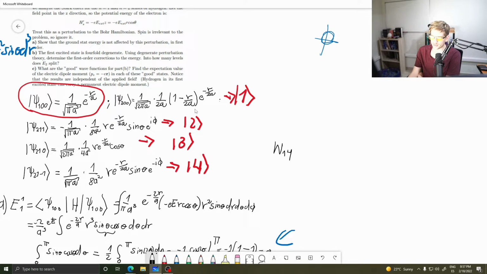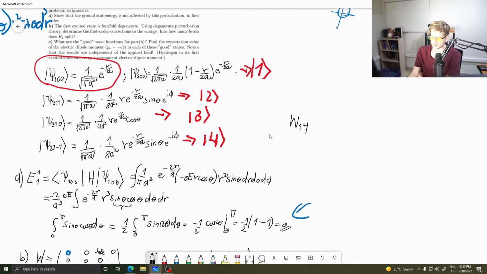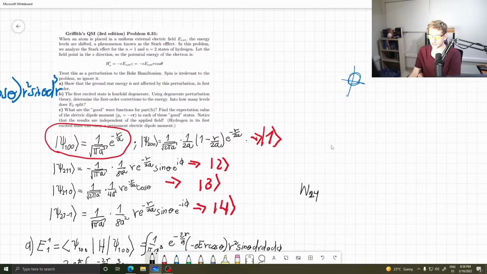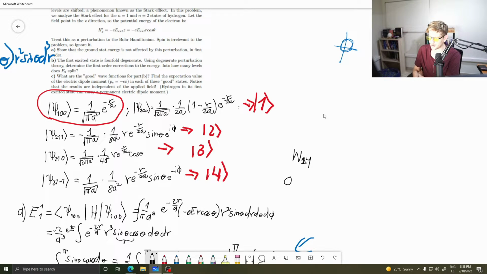So we said 1/4. Wait, no, 2/4, sorry. I don't know why I wrote down 1/4. We already did that. 2/4. So we would have sine theta, so sine squared. Then we would have a sine theta because of the spherical coordinates. And then we would have a cosine theta because of the perturbation. So in the theta equation, we are going to get sine cubed of theta cosine theta, which is very much 0.